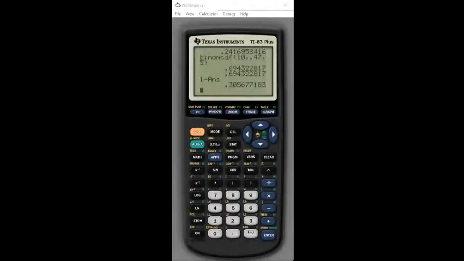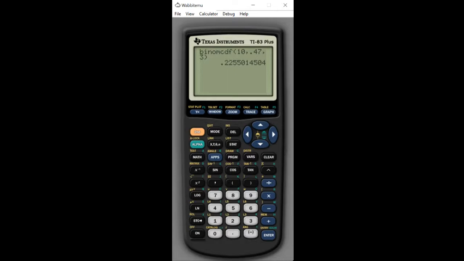So I'm going to stop sharing this, pull up the calculator for you guys one more time. Here we go. Let me clear that out. So I'm going to go second, bars. Again, remember, we're looking for the CDF. There we go, Binomial CDF. Let's enter that in. We got 10, comma, 0.47, comma, 3.